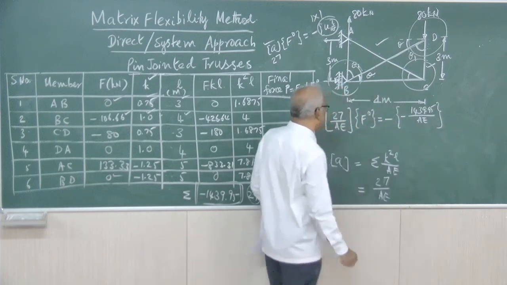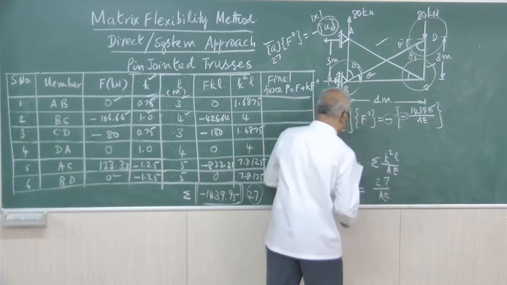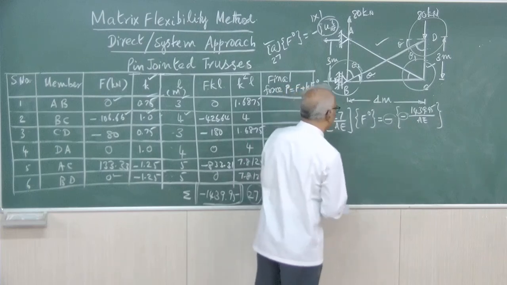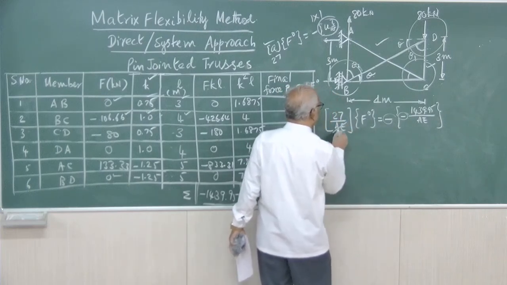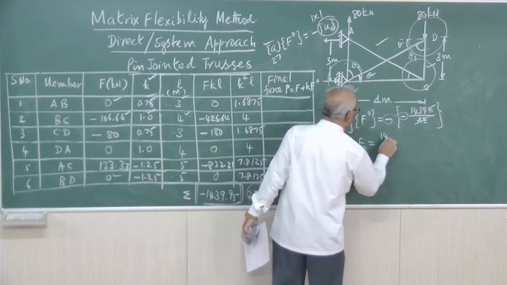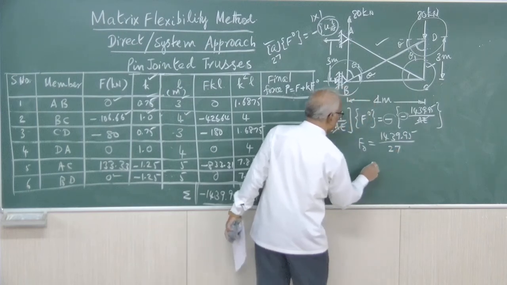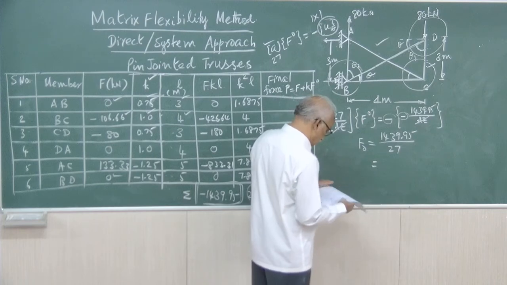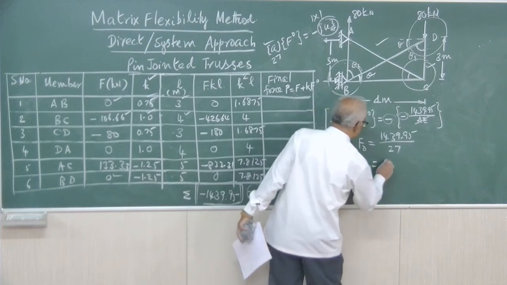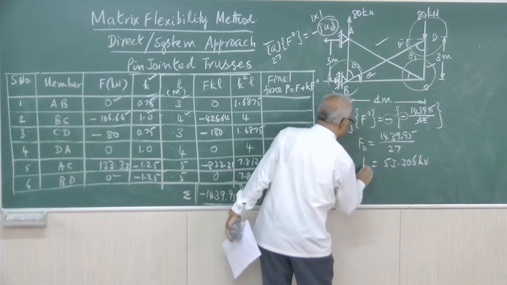So minus and minus will become plus. Now on solving, there is only one term, AE will get cancelled. So F naught equal to 1439.95 by 27. F naught, the redundant force, equal to 53.306 kilonewton. So this is the value of F naught.